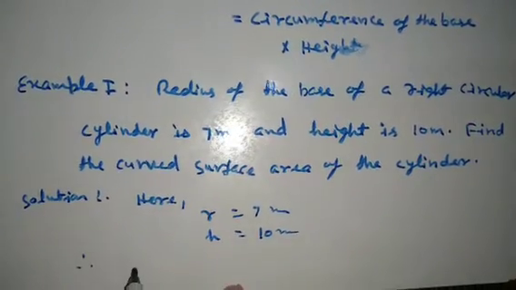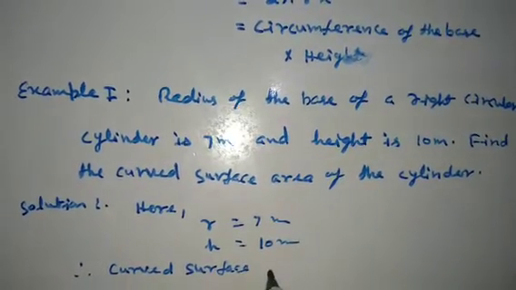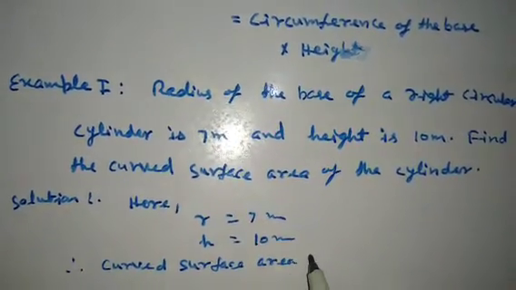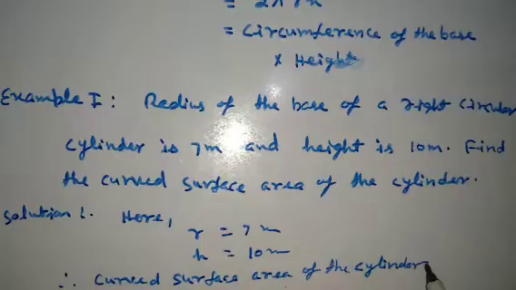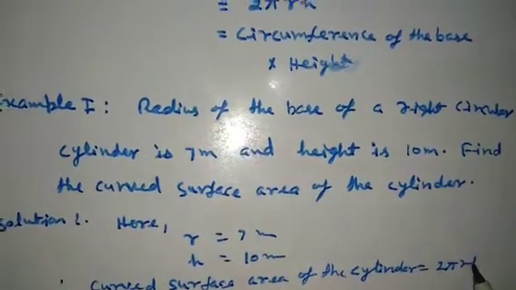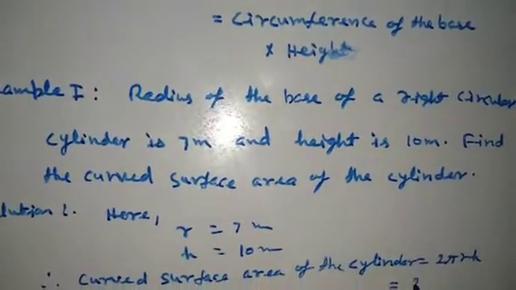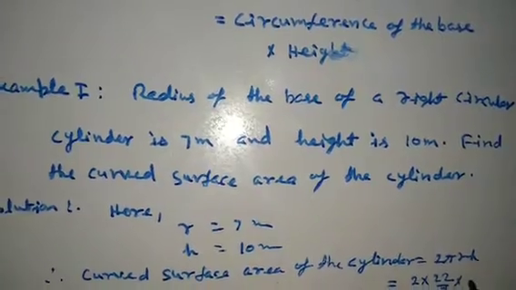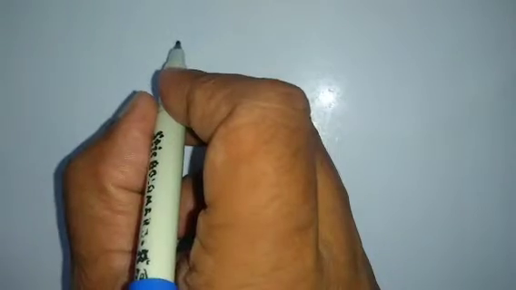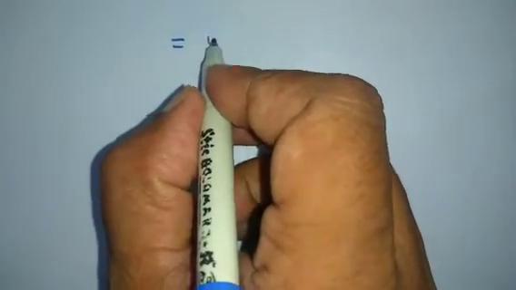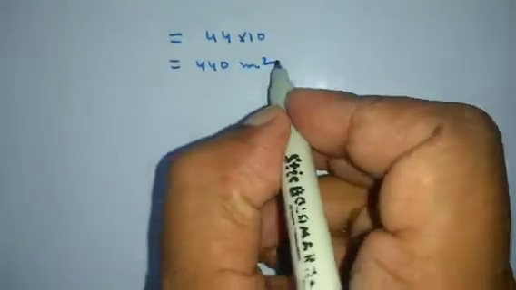So the curved surface area of the cylinder is equal to 2 pi r h, equal to 2 into 22 by 7 into 7 into 10. 7 and 7 cancel. Equal to 44 into 10, equal to 440 meter square.